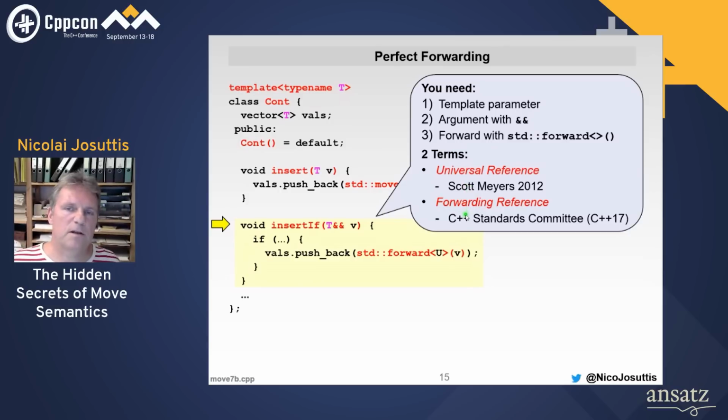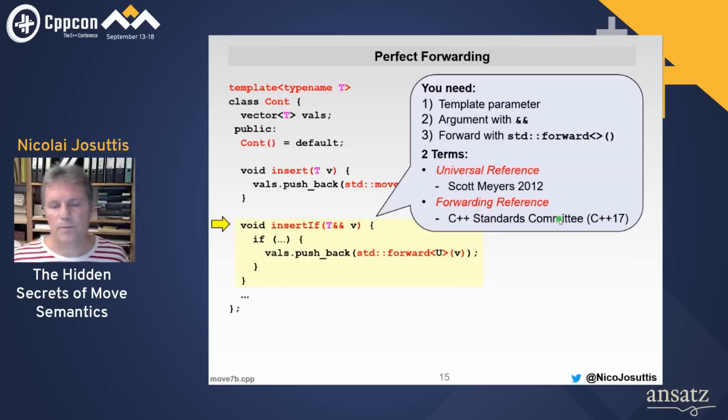Then the C++ Standards Committee decided in 2014, after C++14 was out, that they wanted to change this name to forwarding reference. Actually, they didn't have any name at all. Universal reference was not part of the C++ standard. So they introduced the term forwarding reference, which is then formally the term for this in C++17.